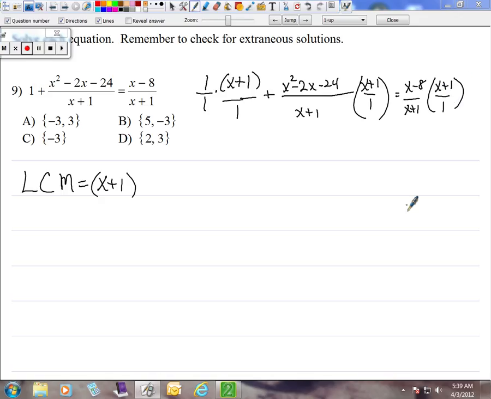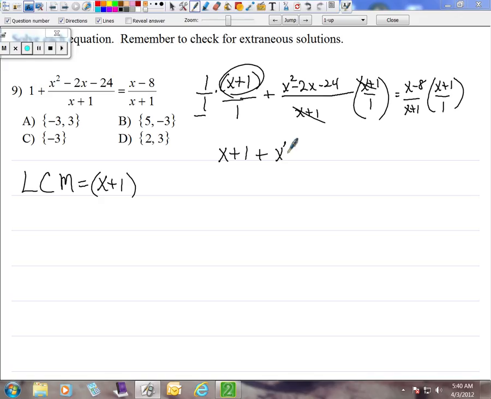So we need to multiply that by x plus 1 over 1. Well, of course, this first one here, we just have 1 times this. There's nothing to cancel with the denominator. So we're left with this. Then we have plus. This is nice. This cancels, leaving a 1 times this.